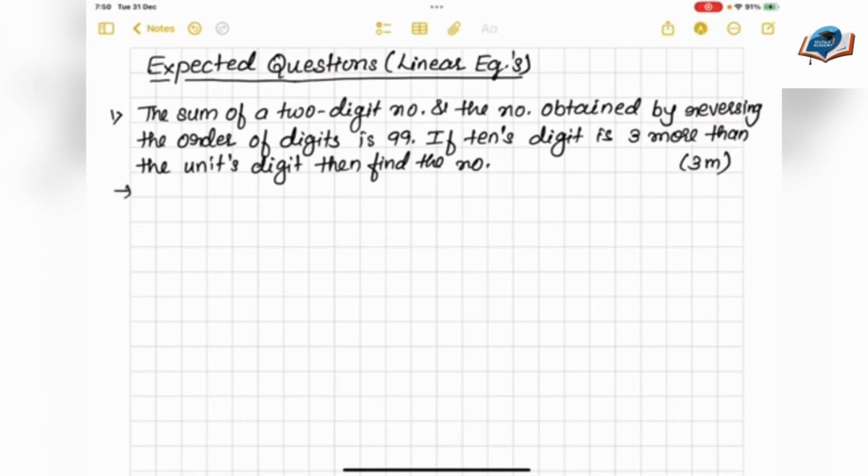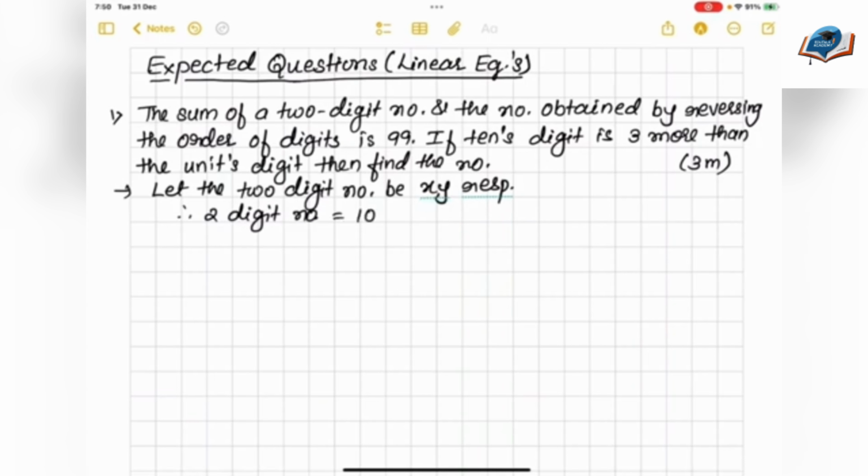So first of all, let the two-digit number be xy, with x the tens digit and y the unit digit respectively. Therefore the two-digit number will be 10x plus y and the reverse number is 10y plus x.